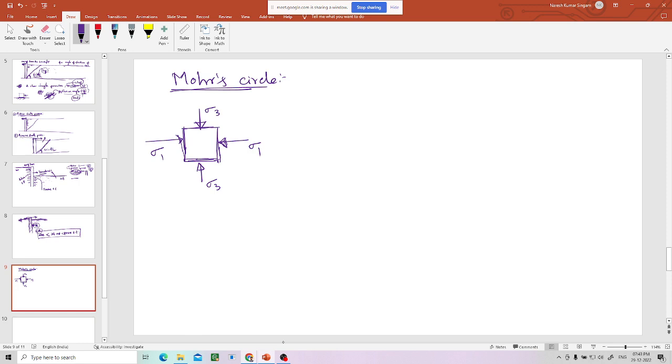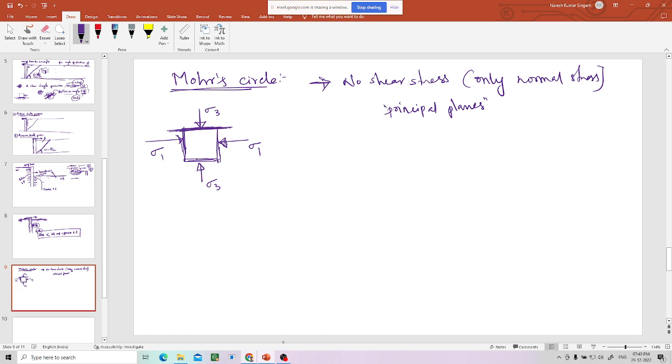Whenever you take any plane, if the plane is acted on by only normal stresses, normal stress meaning perpendicular to the plane, and there is no shear stress on that plane, these are called principal planes: the planes on which there is no shear stress and only normal stresses.